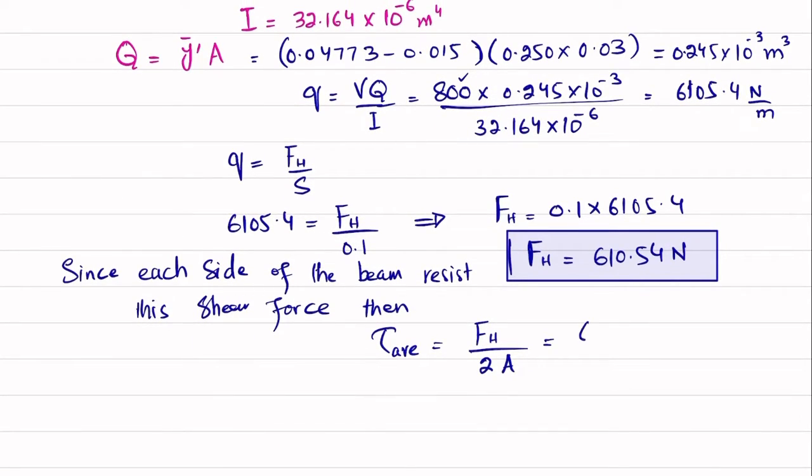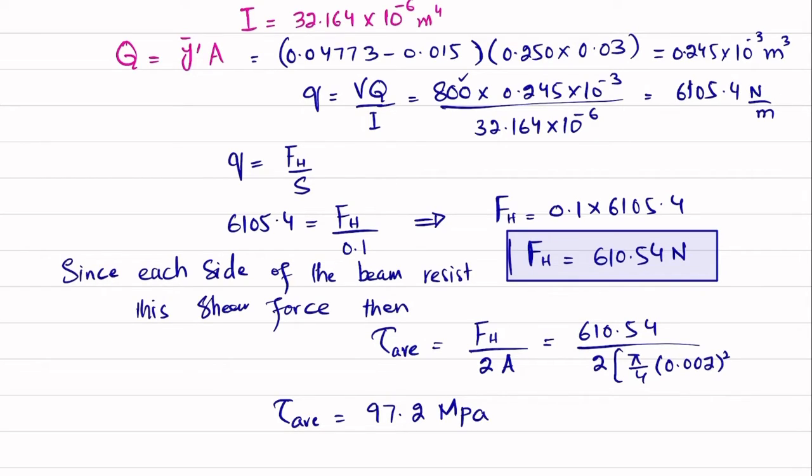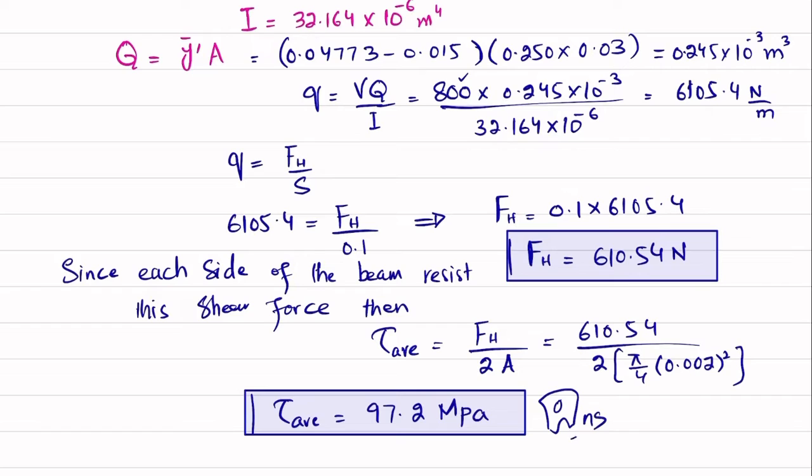So FH is 610.54 divided by 2 multiplied by the area, where the diameter of nail is given, so area is pi by 4 into 2 millimeter, in meter it is 0.002 whole square. So when you calculate, you will get the average shearing stress in the nail comes out to be 97.2 megapascal, which is the answer of this question.